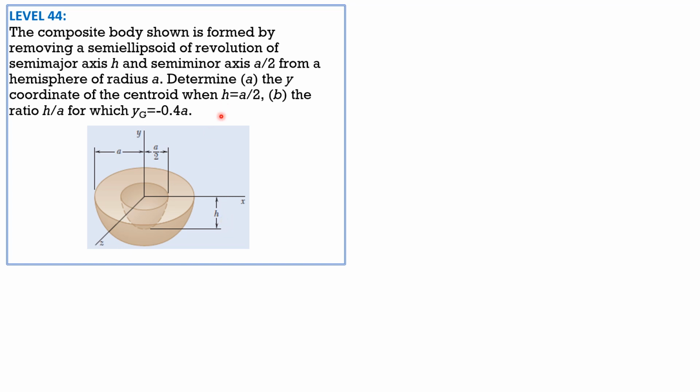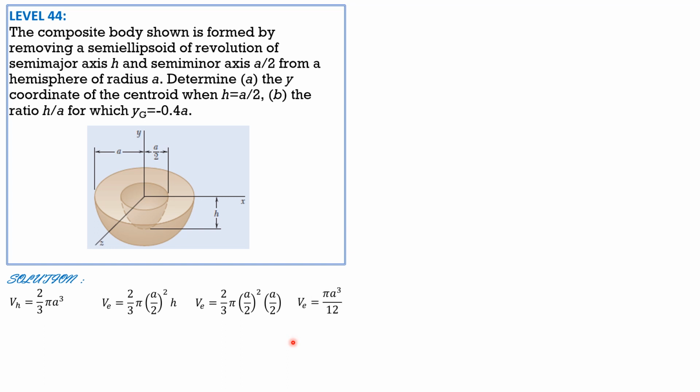So the volume of the hemisphere is 2/3 pi a cubed, while the volume of the ellipsoid is 2/3 pi times a over 2 squared times a over 2. Simplifying, the volume of the ellipsoid is pi a cubed over 12.